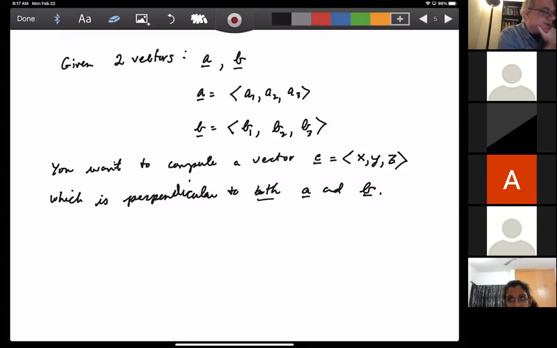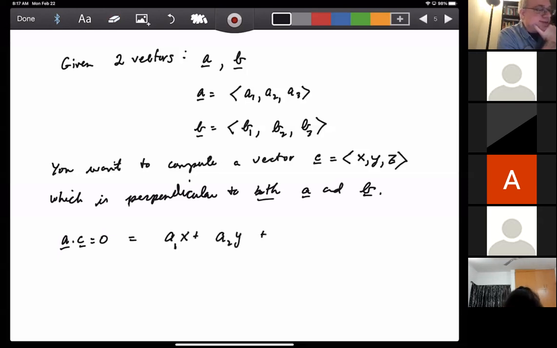Excellent, exactly. So I want A dotted with C is equal to 0. And essentially that means that A1 times X plus A2 times Y, plus A3 times Z has got to be 0.